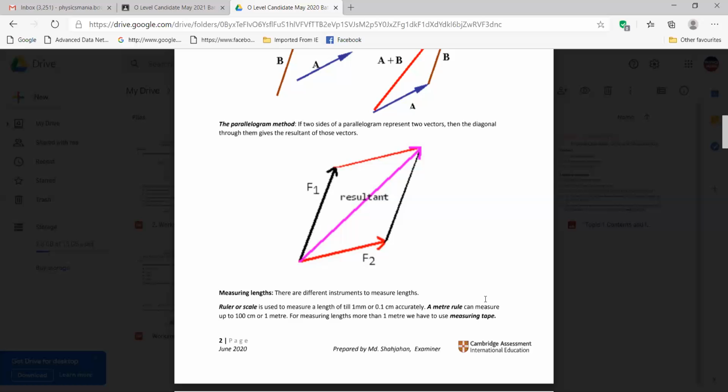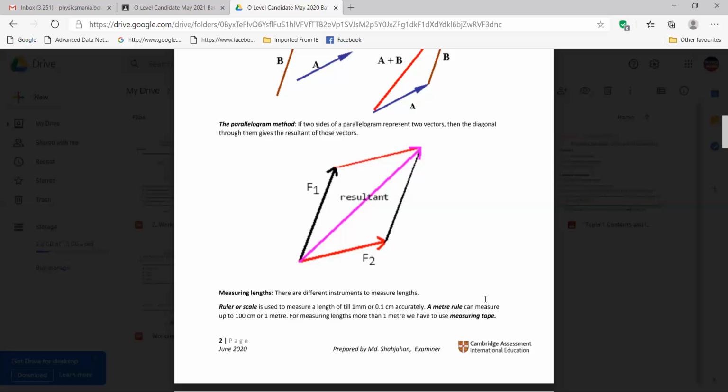So if you measure anything, like you have an eraser, right? The length of the eraser, if you measure, then you will get the value till the nearest millimeter, right?